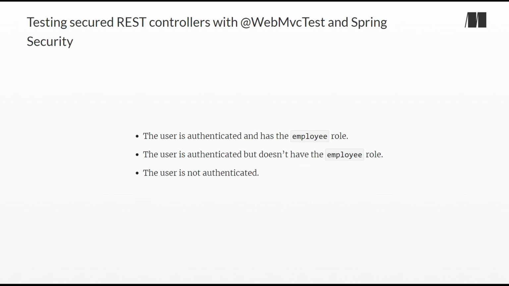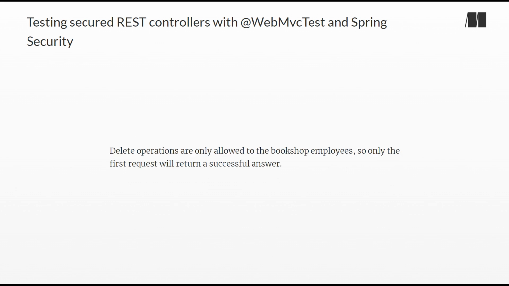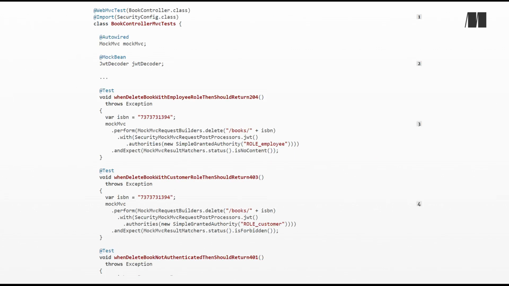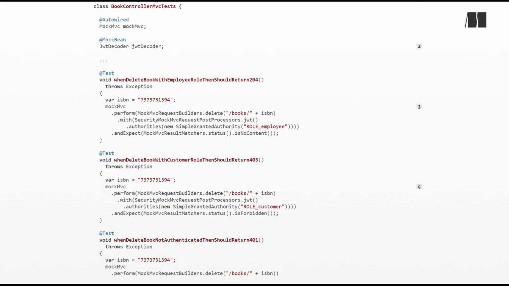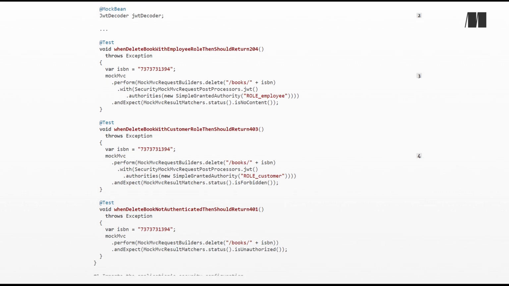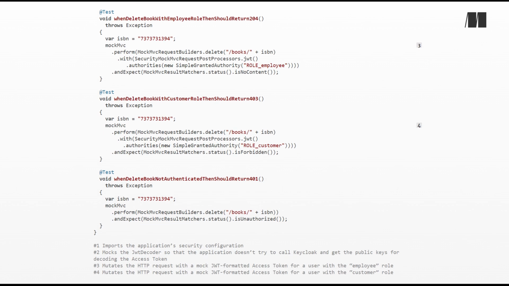The user is authenticated but doesn't have the employee role. The user is not authenticated. Delete operations are only allowed to the bookshop employees, so only the first request will return a successful answer. As part of the OAuth2 access token validation, Spring Security relies on the public keys provided by Keycloak to verify the JWT signature.